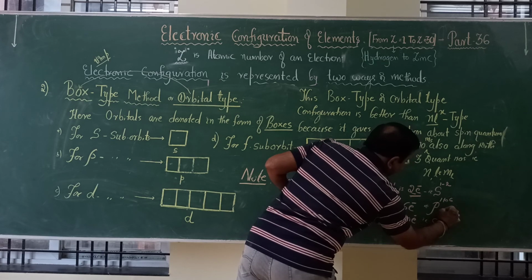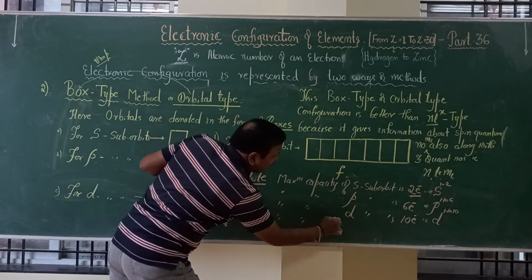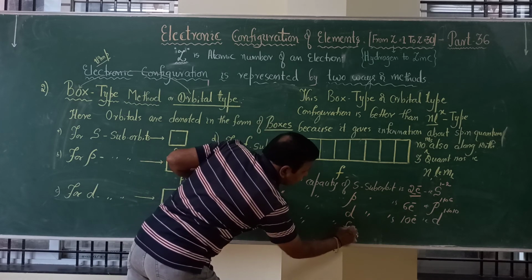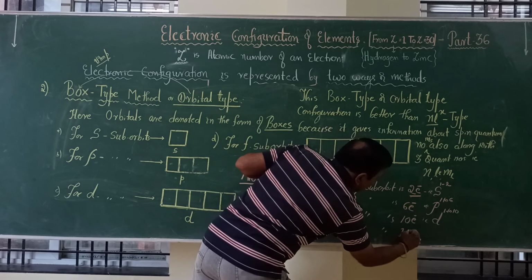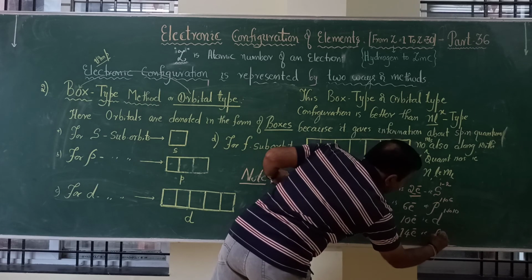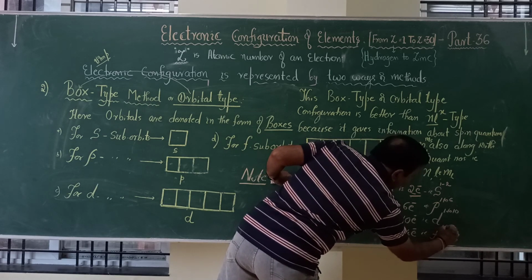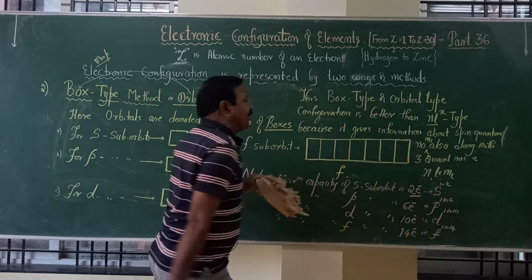And the maximum capacity of f suborbit is 14 electrons, that is f1 to 14.